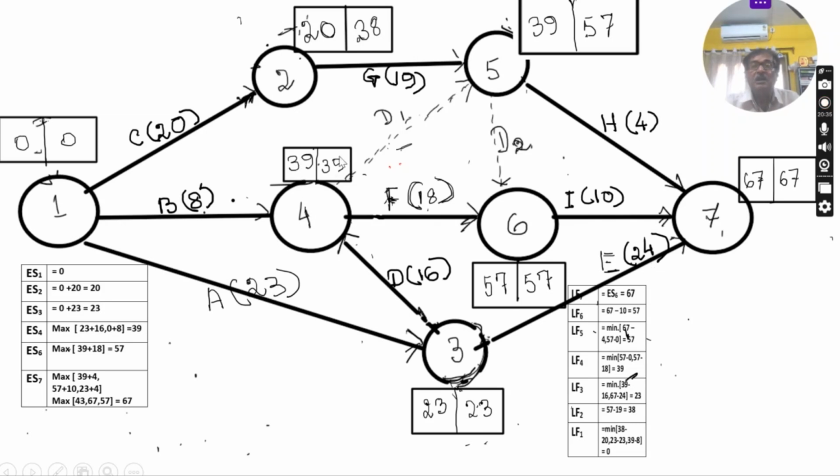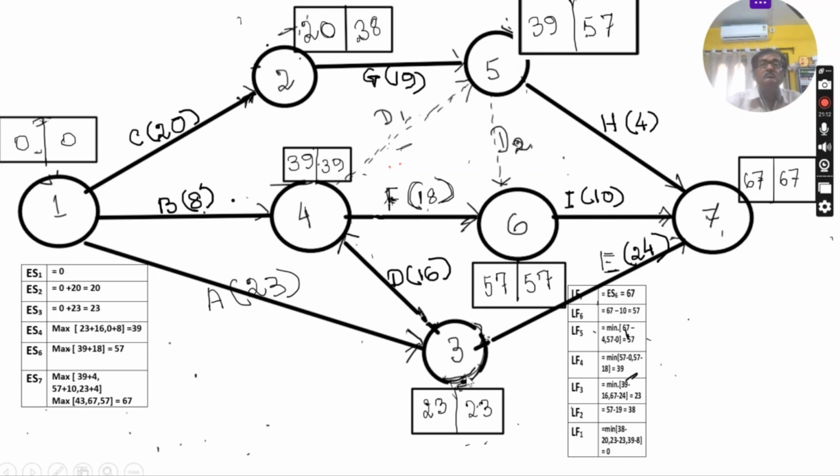And 39, the latest finish time, minus 16, is 23. So of the two, keep the lowest, that is 23. It is shown here. You can check it. Latest finish time 3 is 23. How did you compute it? 67 minus 24, 39 minus 16. Keep whichever is smaller. That is latest finish time 23.